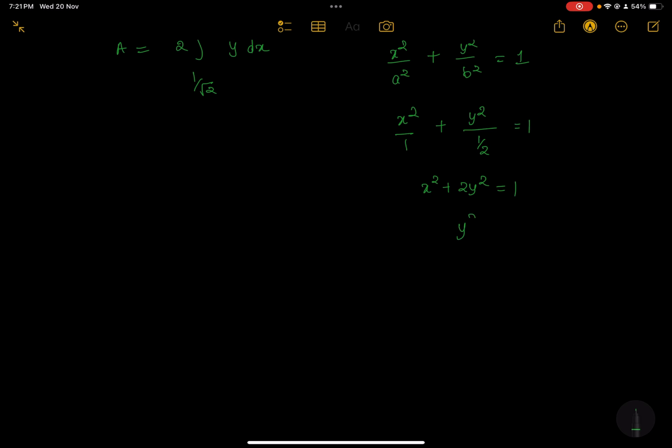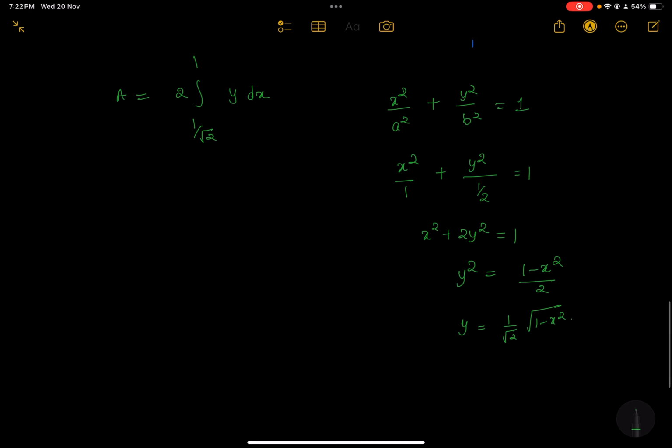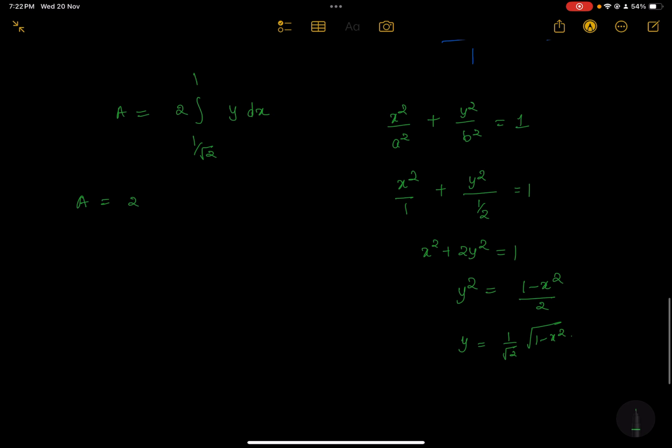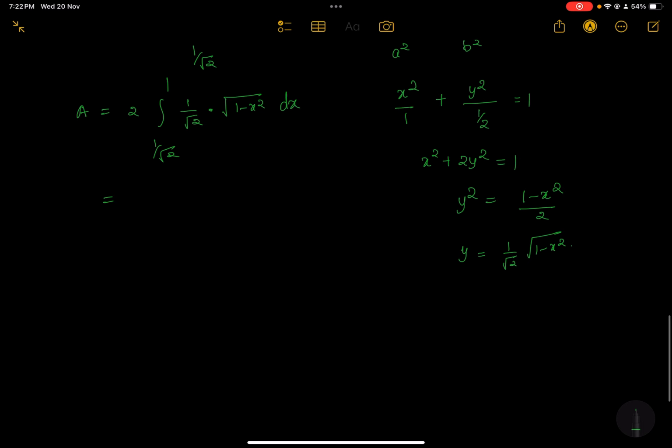So y square is equal to (1 minus x square) by 2. y is equal to 1 by root 2 into root of 1 minus x square. So area is equal to 2 times the integral from 1 by root 2 to 1 of 1 by root 2 root 1 minus x square dx. Bring out 1 by root 2, so this will be root 2 times the integral from 1 by root 2 to 1 of root 1 minus x square dx.